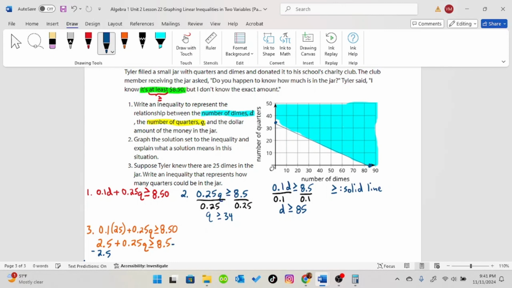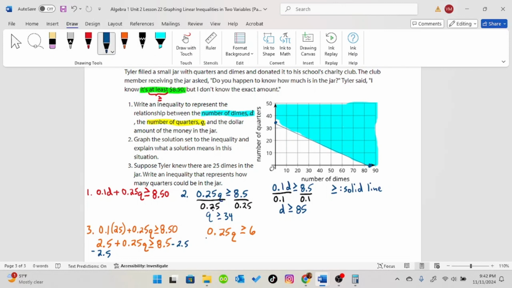So we're going to subtract 2.5 from both sides to keep it equal. This will give us 0.25Q is greater than or equal to 6.